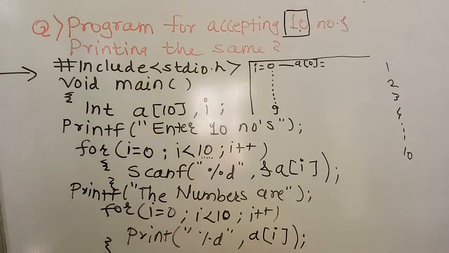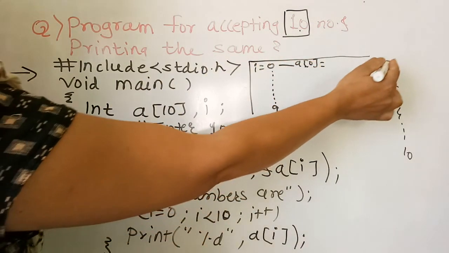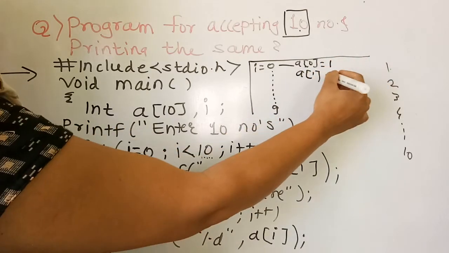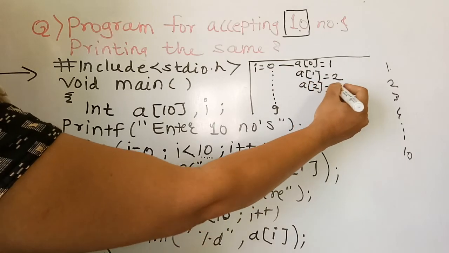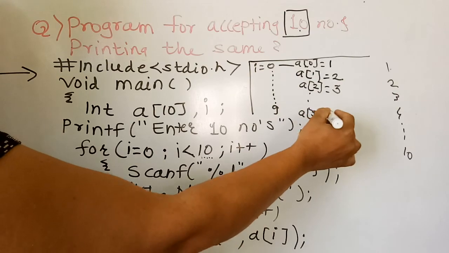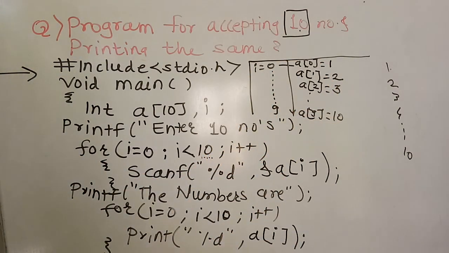Now, what is the mapping? If the user enters 1, it will be mapped to a of 0. If the user enters 2, it goes into the second element. If the user enters the third number, it will be mapped to the third. Until the user enters the 10th number, it will be accepted at the ninth index.